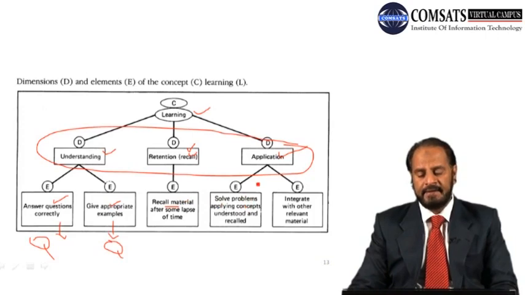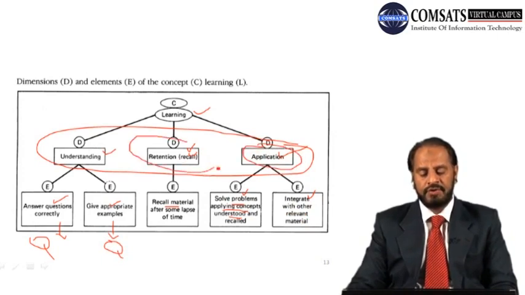And under application, you need to see if you're able to apply the concept understood. If you're able to apply the concept to solve a problem, then again we will say the learning was achieved. And if you're able to integrate this knowledge which you've learned with some other relevant material, then again we will say that the application side of learning has occurred.